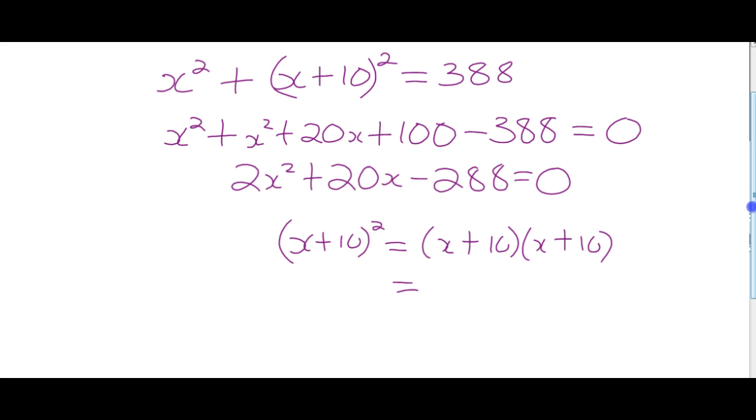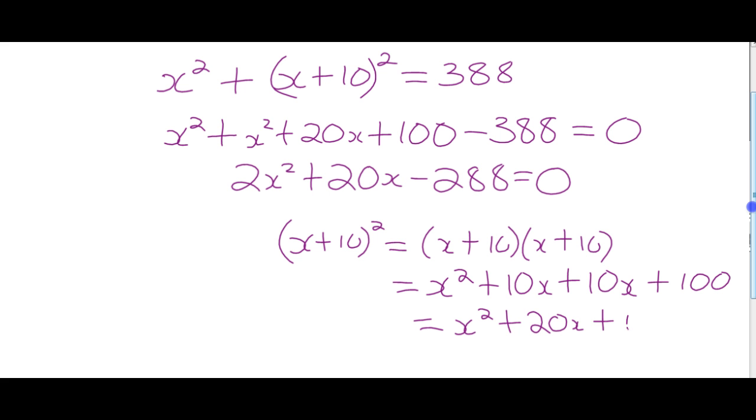No, I get 4 products, which will collect into 3 terms. But I get 4 products, which are x squared plus 10x plus another 10x plus 100, which becomes x squared plus 20x plus 100.